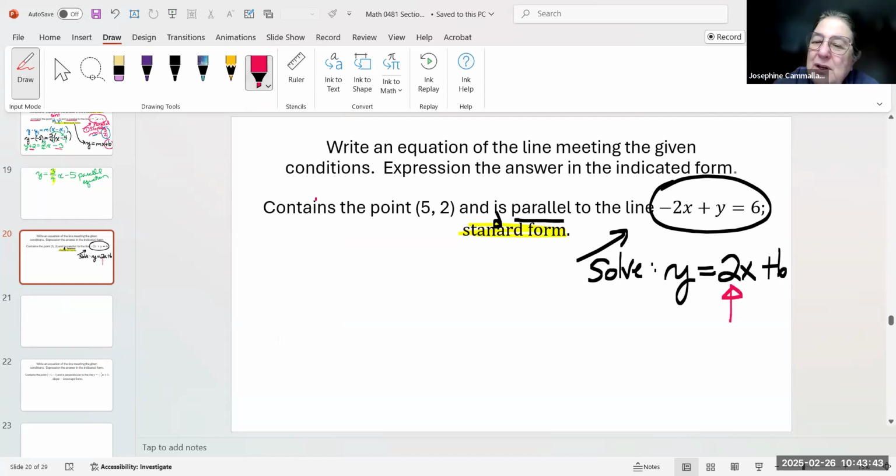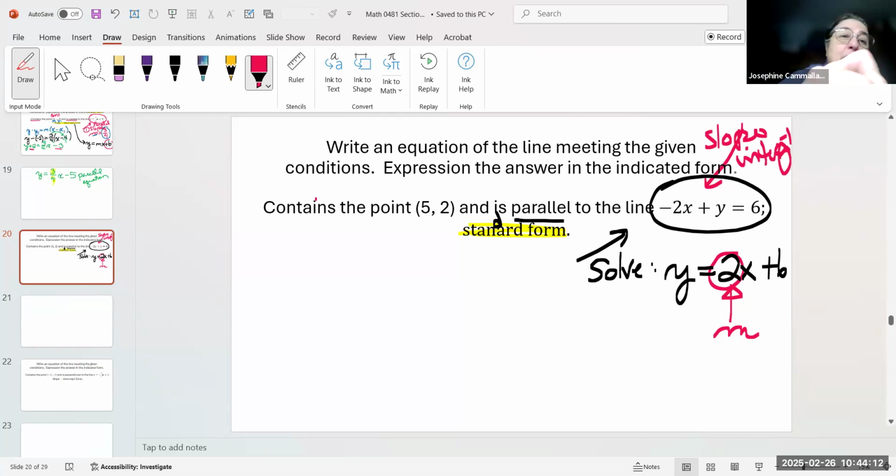This 2 is my parallel slope. I have to put it in slope-intercept form. I need a slope. No slope, can't write an equation. But I can solve for y, and I get a positive 2.